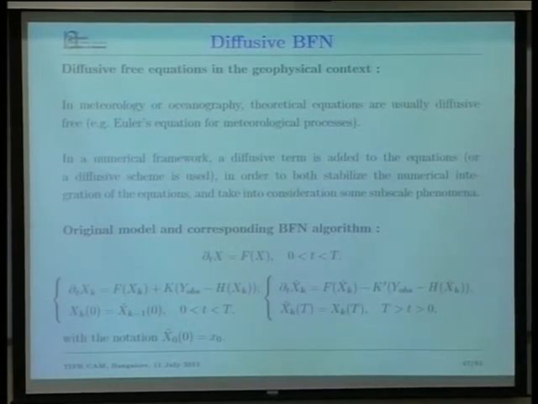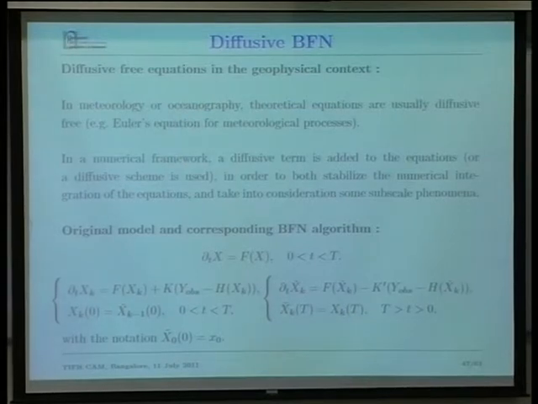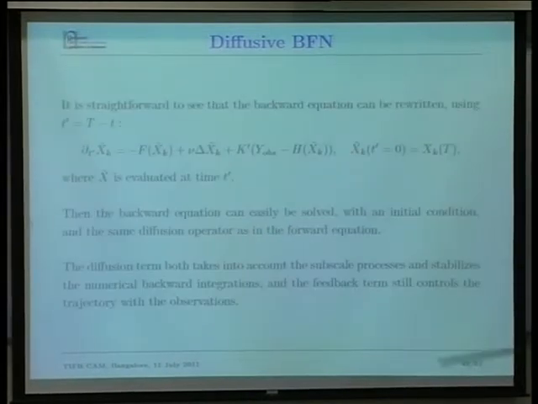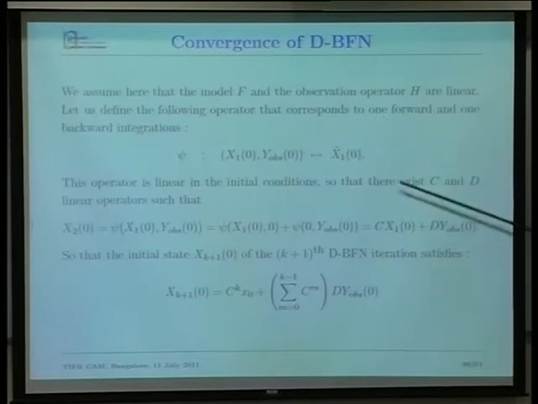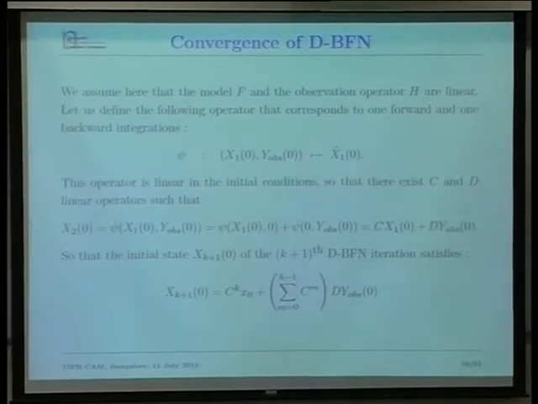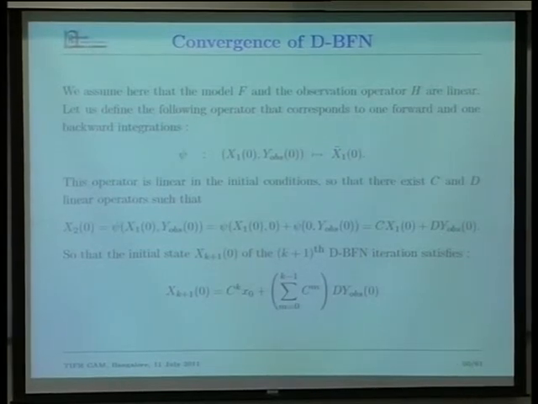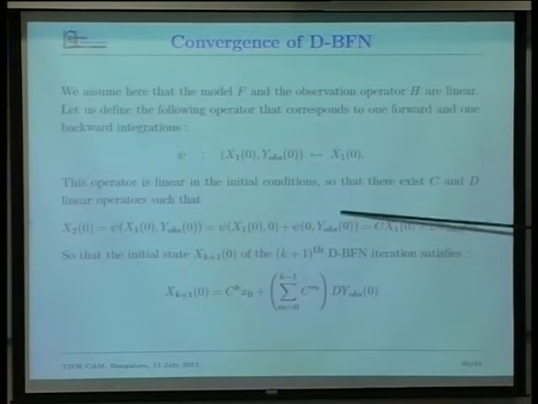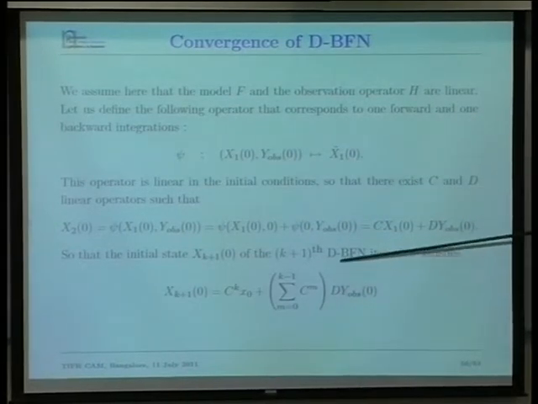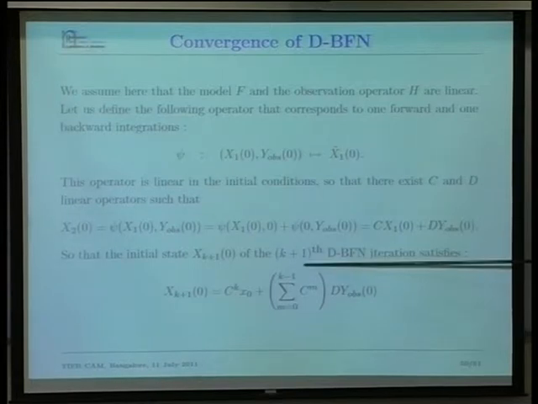We assume that there is a reference solution which is a solution of this model, and you observe it through H. Well, it should not be y-obs here, it should be x. It should be the initial condition of the true, reference state that is observed.